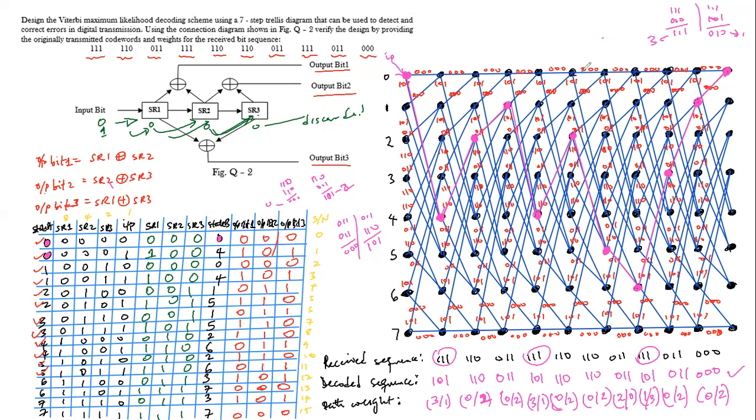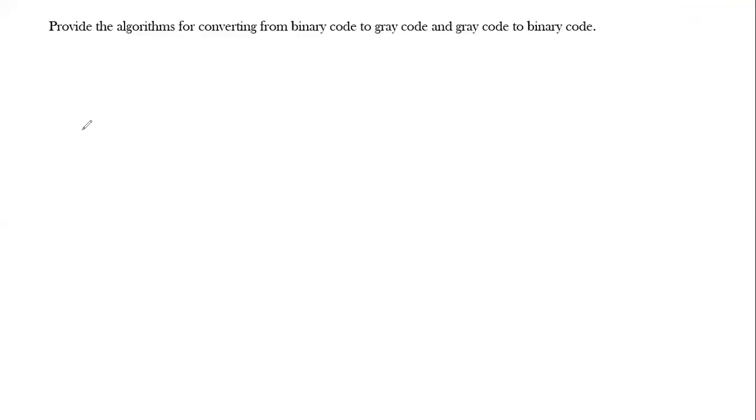Okay, so what's the next question? So let us wipe this now. And then, so the next thing here is to provide the algorithm for converting from binary code to gray code.